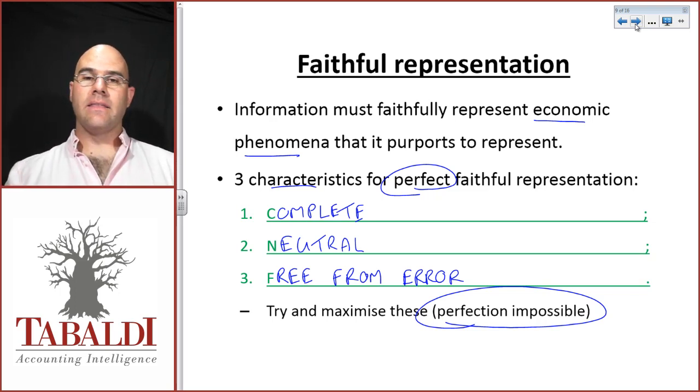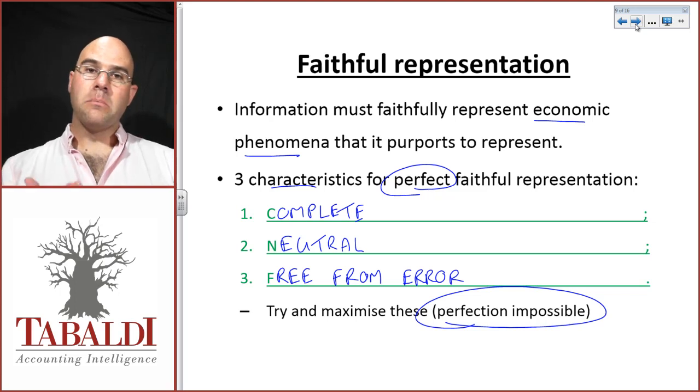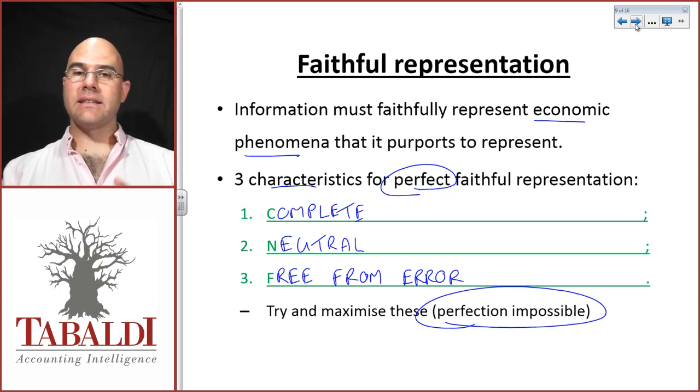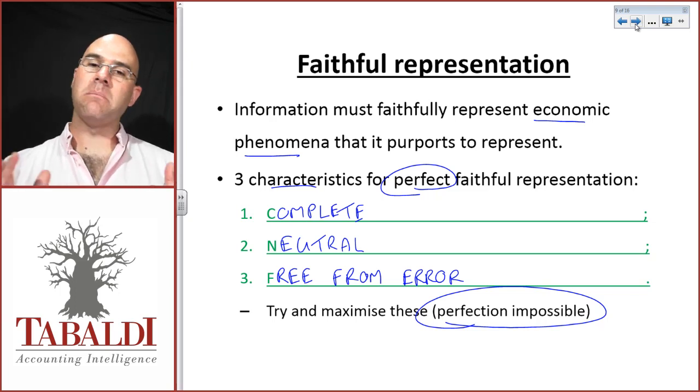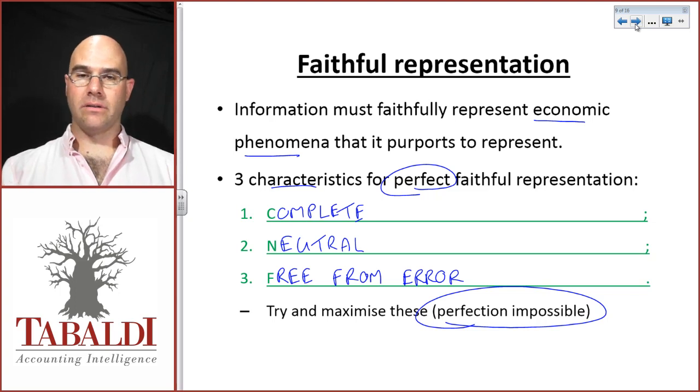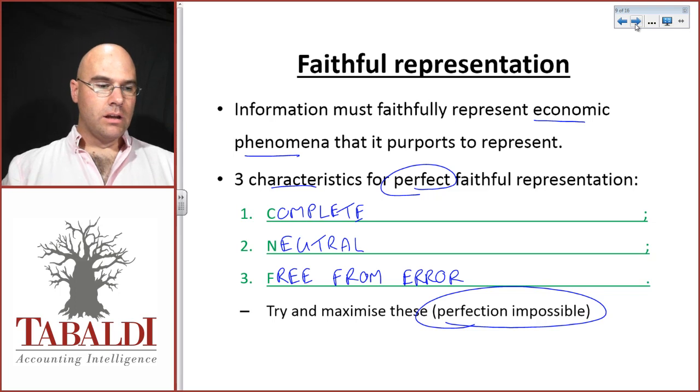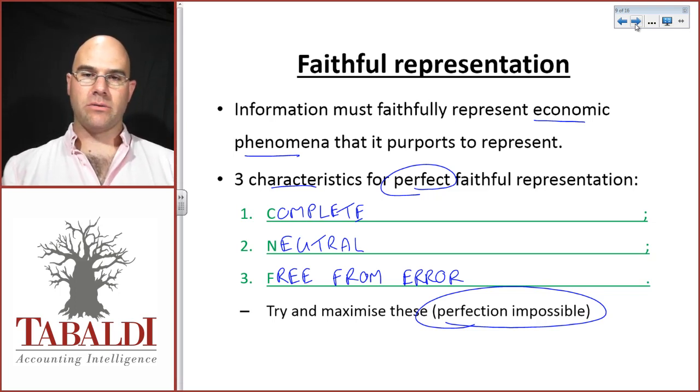Okay? That the estimate methodology and the assumptions behind that method are given and disclosed, and that the application of that method is not full of errors. That the application is free from error. So those are three very important characteristics.